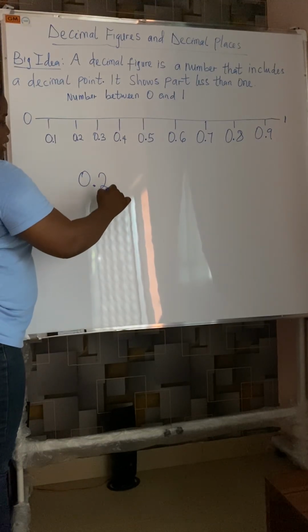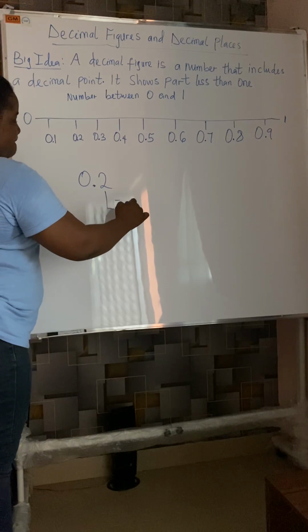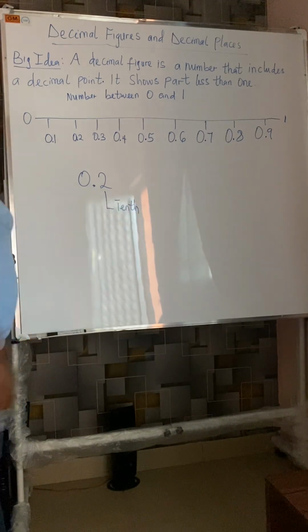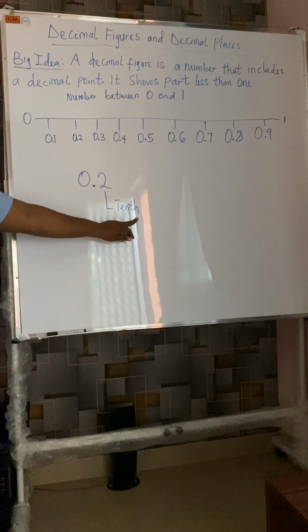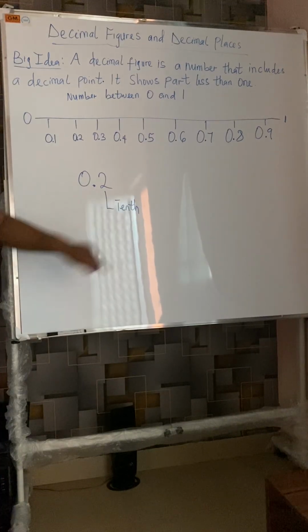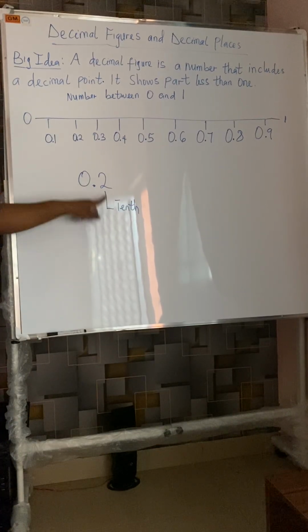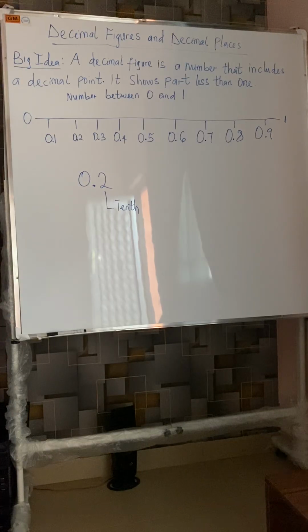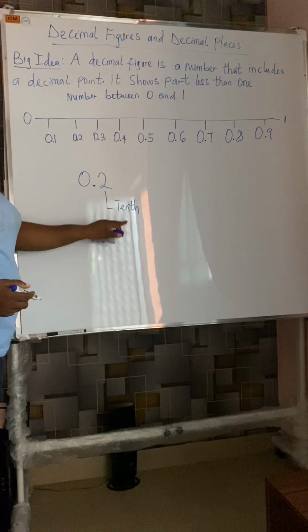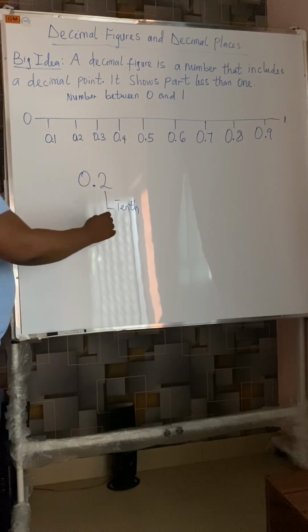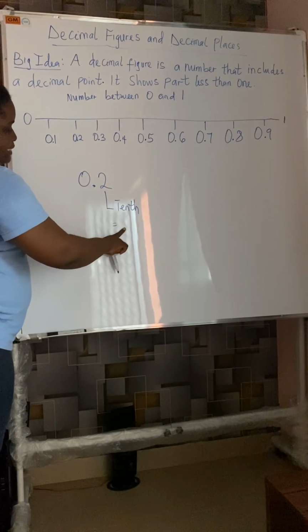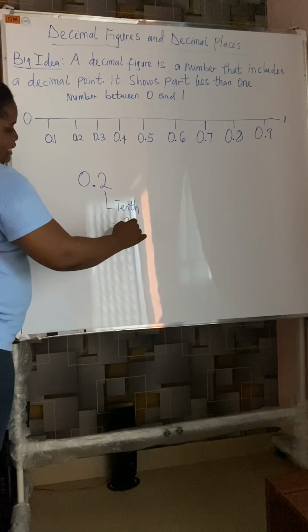So this 2 here belongs to the tenth. Please, tenth. 2, tenth. And if I say this is the tenth, it means the place value of 2 here is tenth. How will I write it in form of a decimal fraction? Because of the tenth position, and I have 2 here, this will be the same thing as saying 2 over 10.